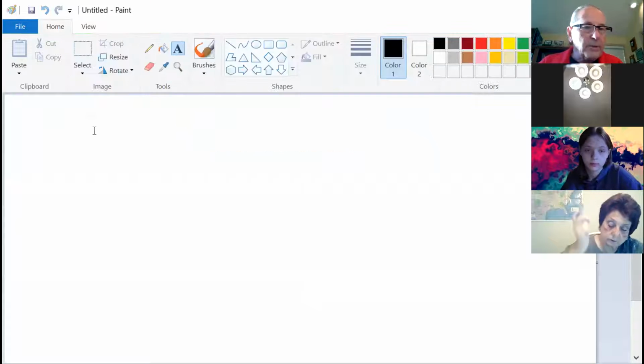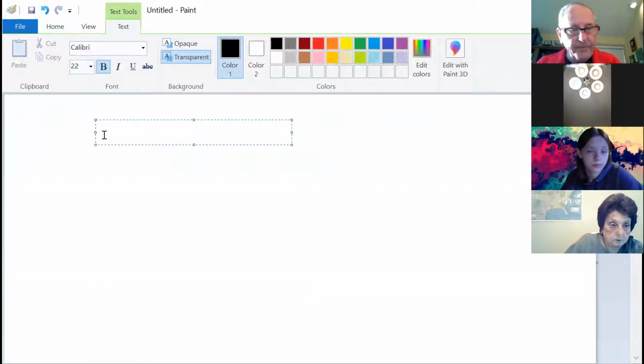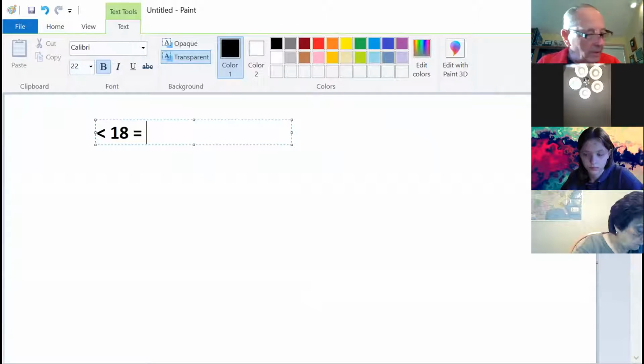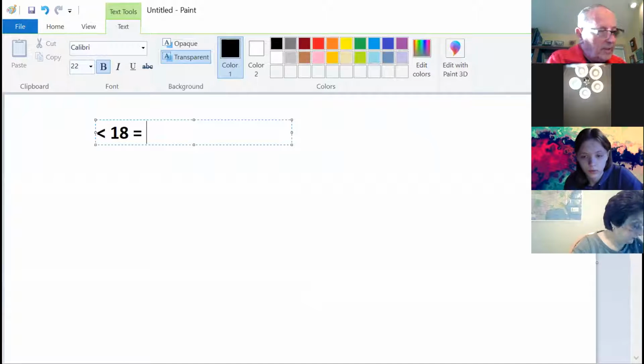What you're going to do is give me the less than 18 group. How many is that? You count them up on that table. I don't have that table in front of me now, so I need your help. What does that table say? Can you count them up?